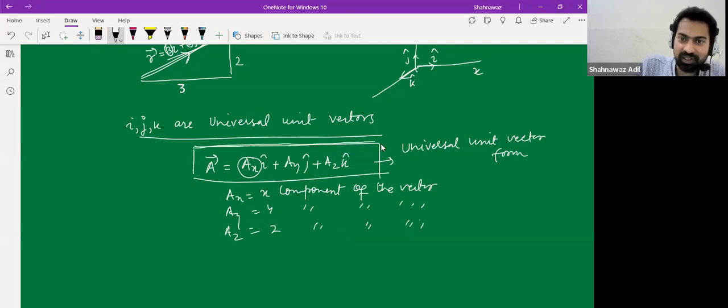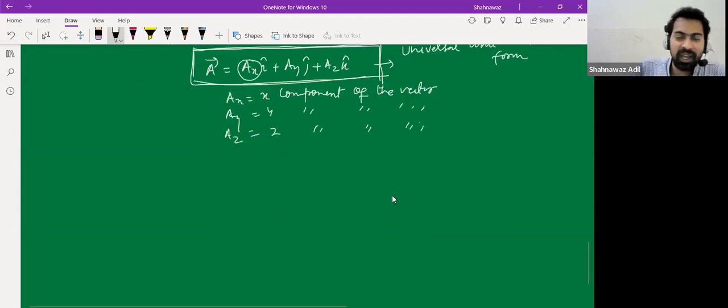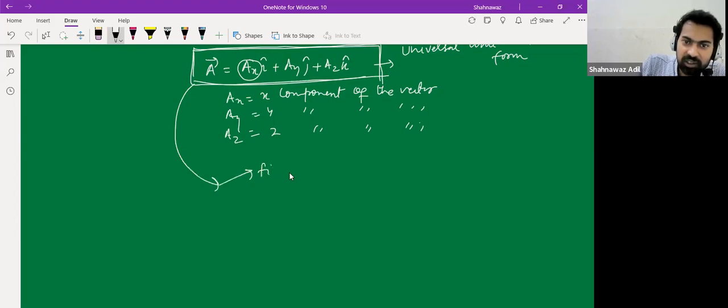So a vector has 2 parts: one is the magnitude and the other is the direction. Whatever vector is given, we have to find the magnitude and the direction.